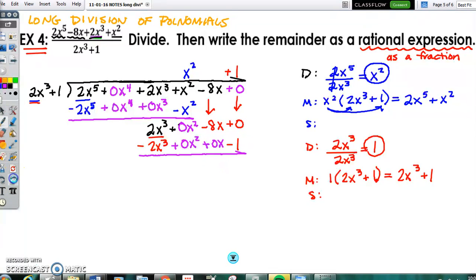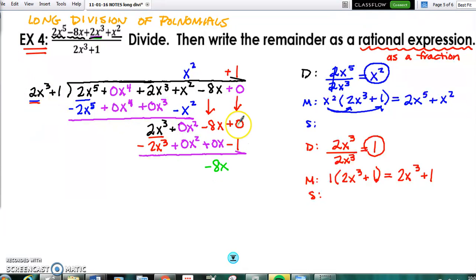Negative 8x. 0 minus 1. Negative 1. Now there's nothing else to drop down. So I'm not going to start this whole process again. This whole stuff here, this negative 8x minus 1, is the remainder.